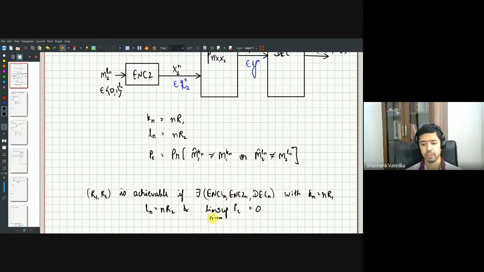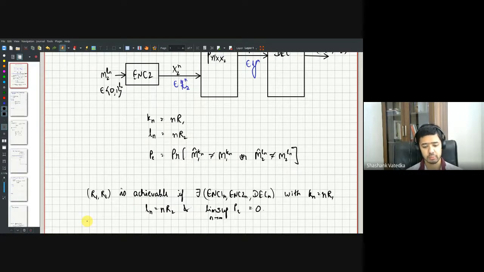So the lim sup as n tends to infinity of the probability of error should be equal to 0. If this happens, we say that a pair R1 comma R2 is achievable. And our goal is to understand what all rate pairs are achievable for a given channel.